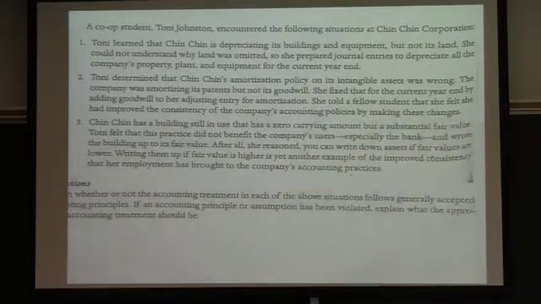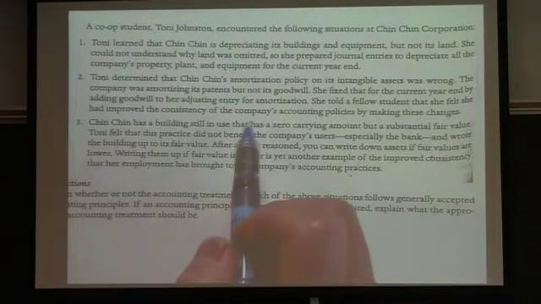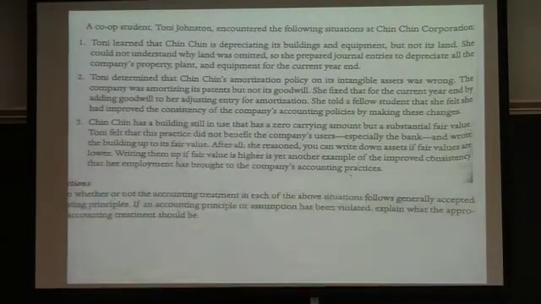She told a fellow student that she felt she had improved the consistency of the company's accounting policy by making these changes. She's saying that because all intangible assets were amortized, and goodwill is an intangible asset, for consistency we should be amortizing that asset as well.